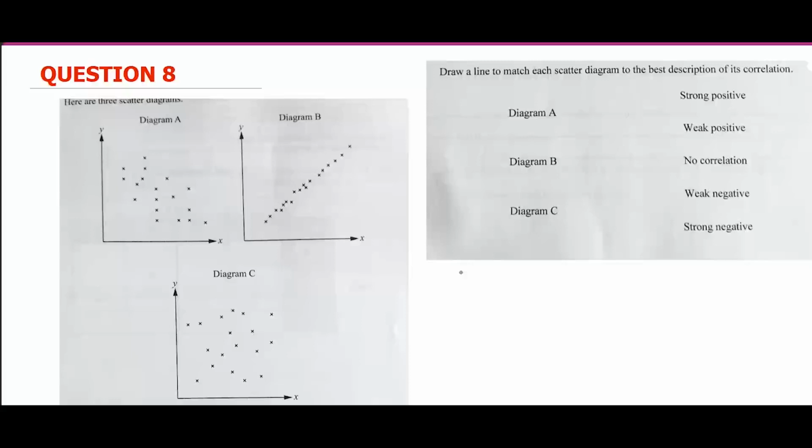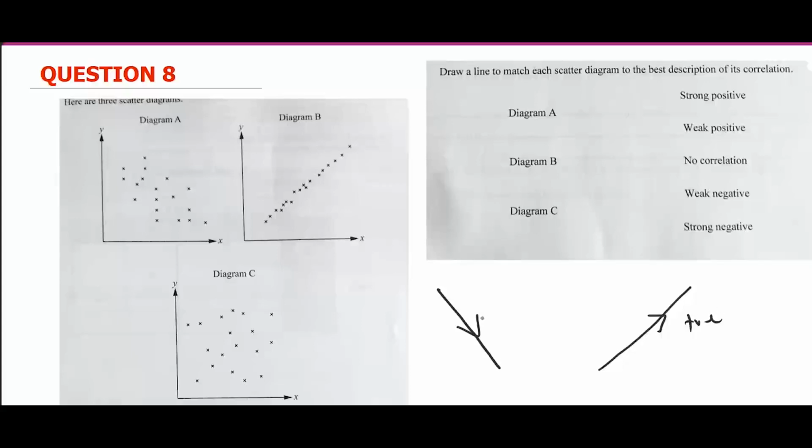When do we say a correlation is positive? A correlation will be positive if it goes like this, and it will be negative if it goes like this. When the two variables are increasing, it will be positive.